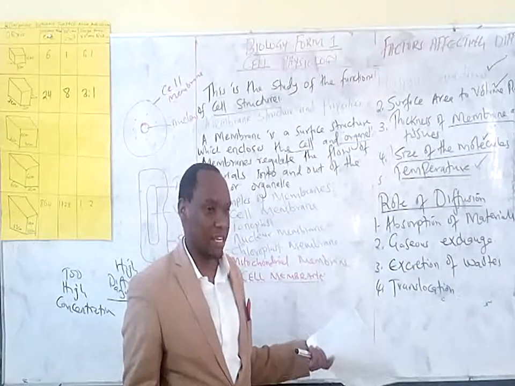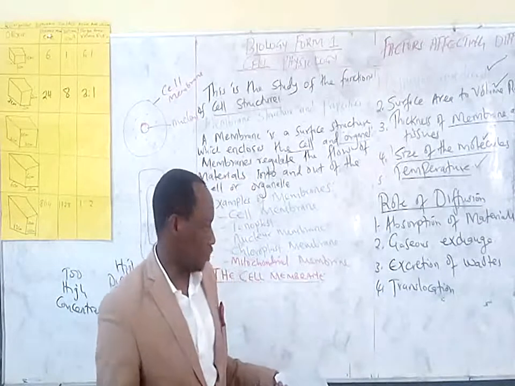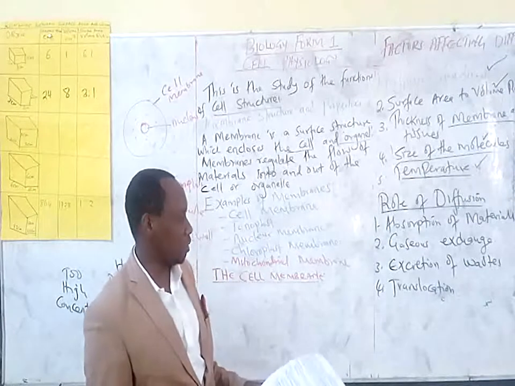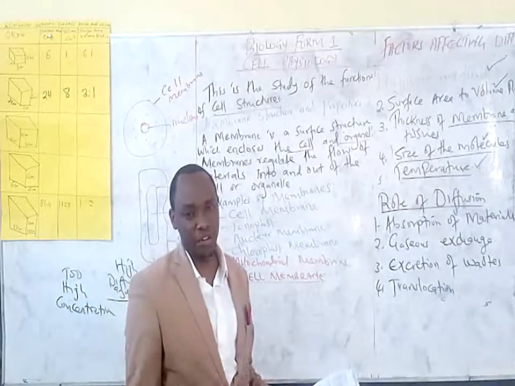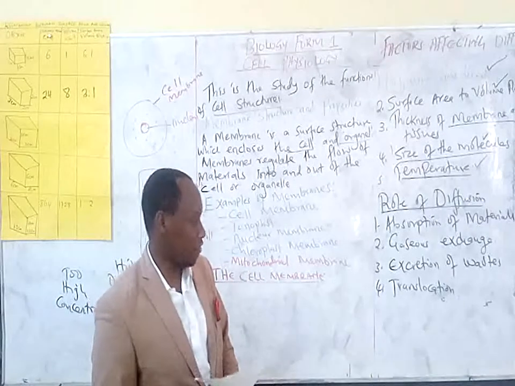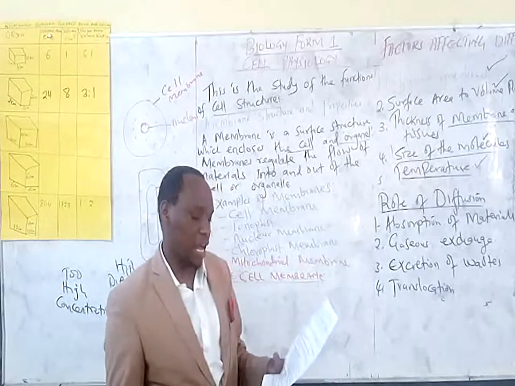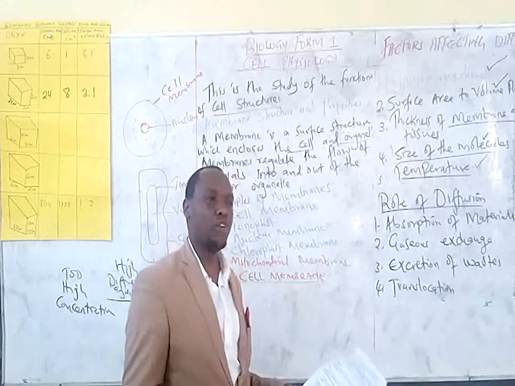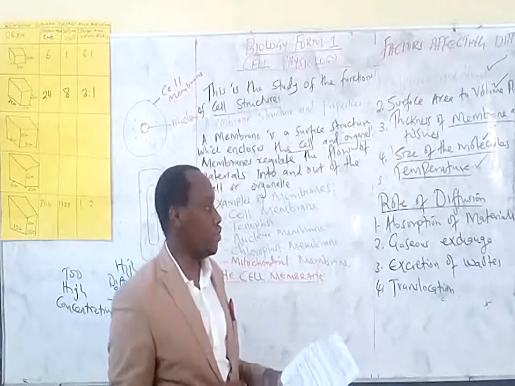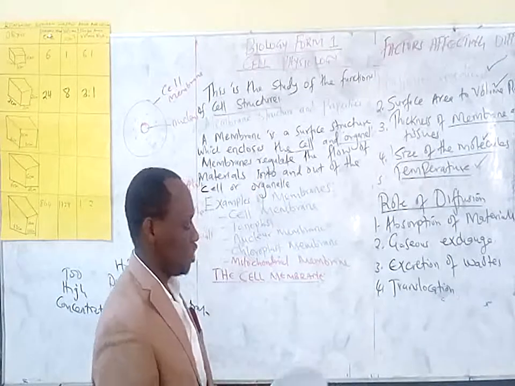In plants, they take in carbon dioxide and give out oxygen by diffusion. Excretion of waste: nitrogenous waste from the body, usually in ion form, moves out by diffusion. And then manufactured food from the leaves moves to the lower parts by diffusion. So Lana, basically that is the process of diffusion.